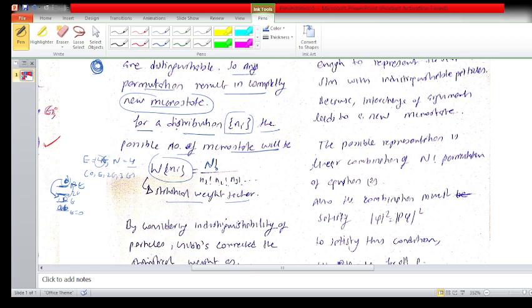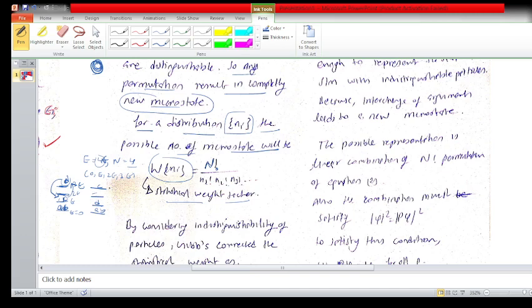Now C is in the top position. A and B are in the same position, and here we have D. So C and D are changed, which means one permutation operation is applied, these 2 particles D and C are interchanged, but the energy is not changed.